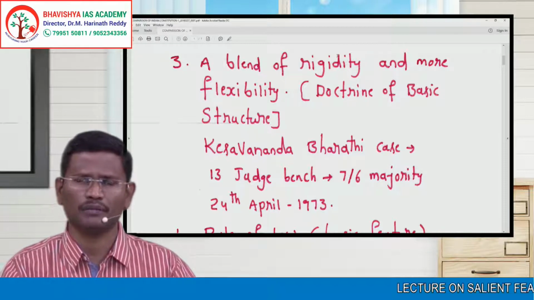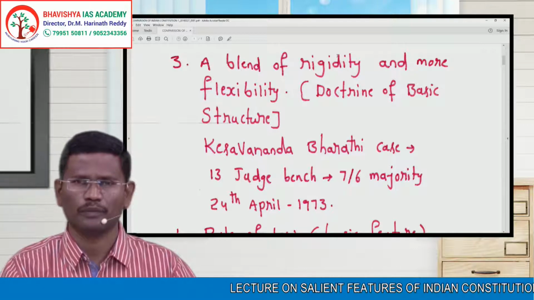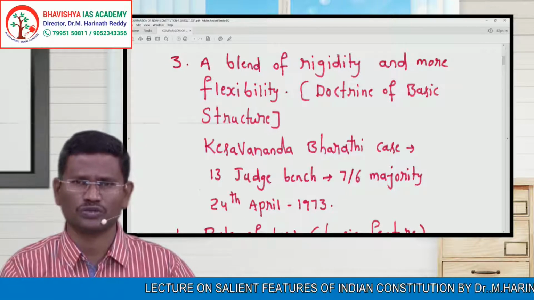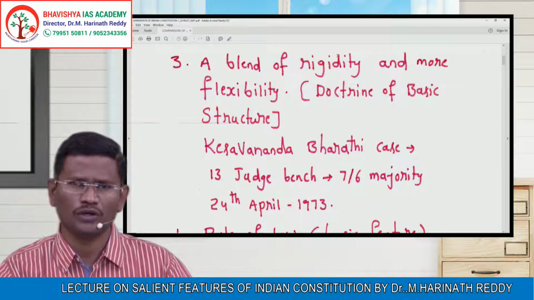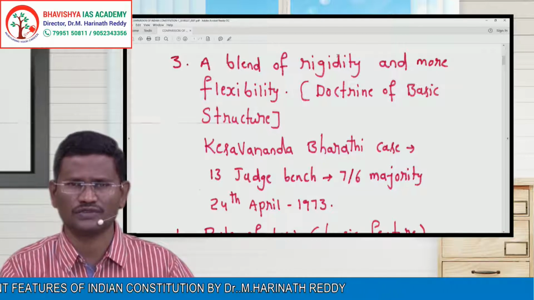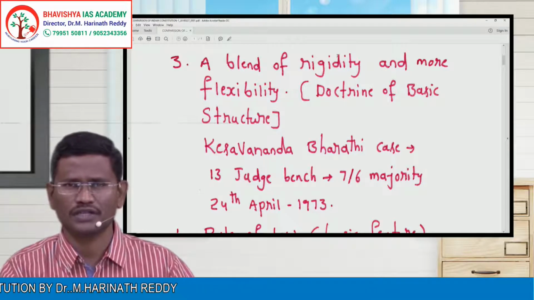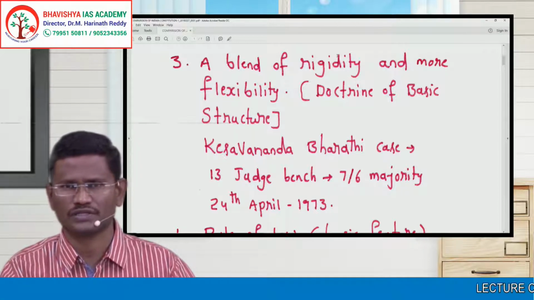So that's one important point which we need to remember when we discuss the procedure for amending the Constitution of India. I told you that the Indian Constitution can be amended both easily as well as with difficulty. The amendment process is a blend of rigidity and flexibility. But in 1973, one more concept is added, called the doctrine of basic structure.